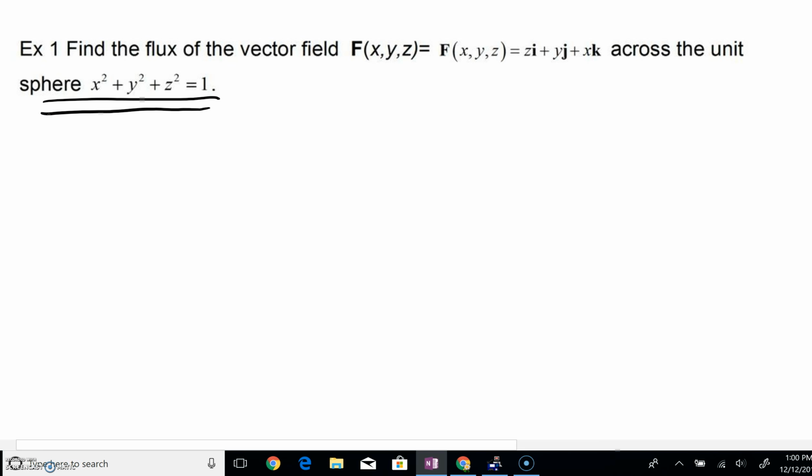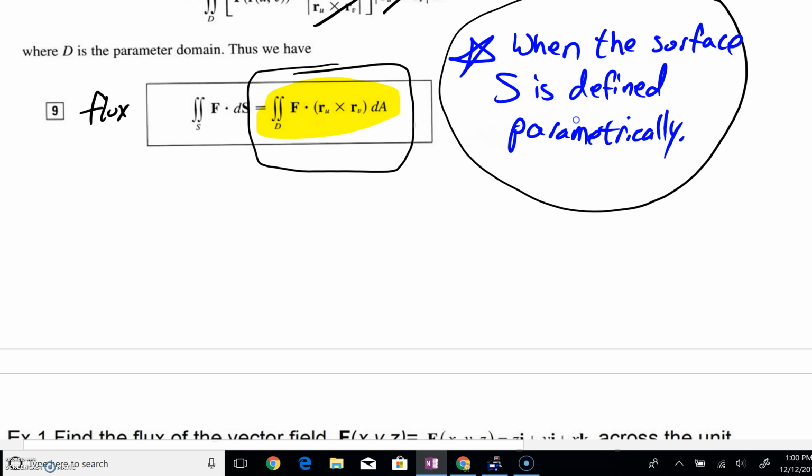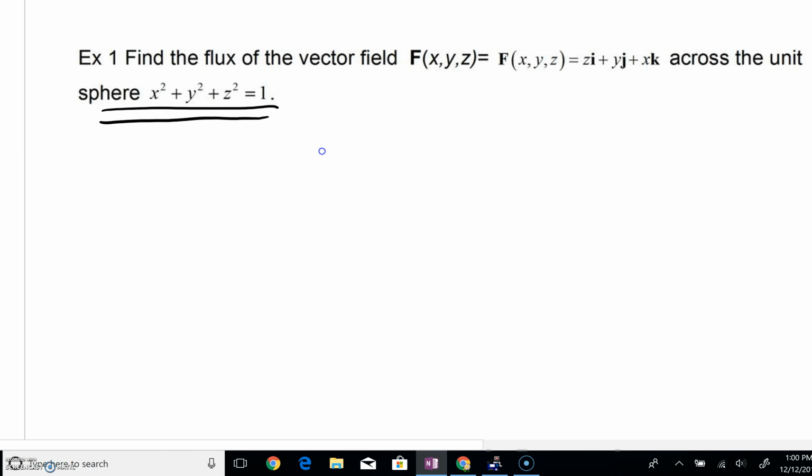So physically speaking, you've got this sphere, this big ball, and let's just say that you've got this vector field that's going to help us find the rate of flow around that ball. So what we're going to do is ultimately just jump to what we see here highlighted. We're going to say, I need to define my surface parametrically. Wow, we do that so much.